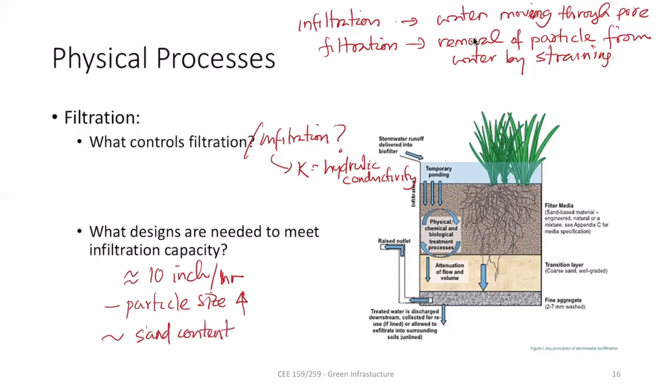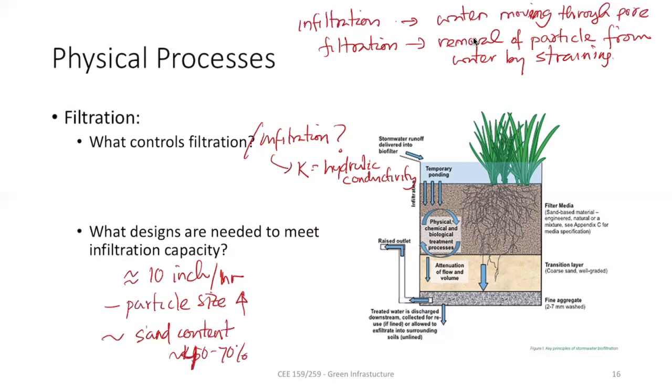If you have higher sand content, that gives more infiltration capacity. Typically, sand is 40 to 70% of the filter media. If the soil is already sandy, you don't add too much sand. That's why 40%. So you can control the amount of sand you mix with the media, then you can get this capacity.